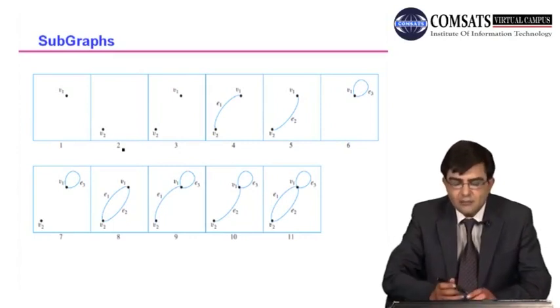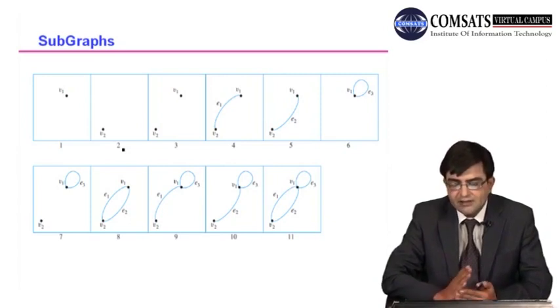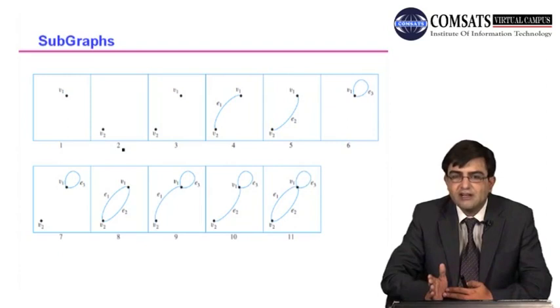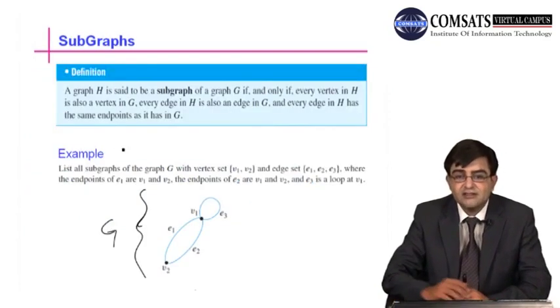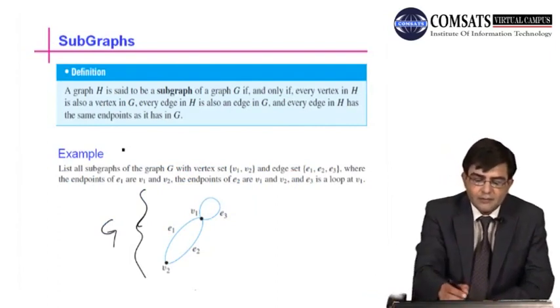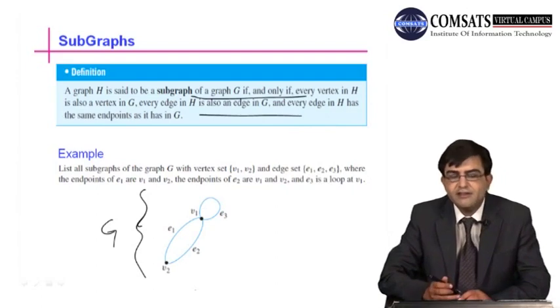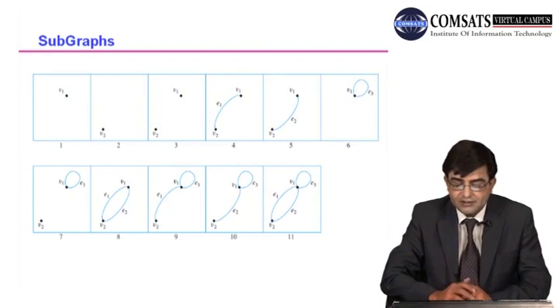This is also a subgraph of G. V1 and V2 are vertices in the subgraph and also vertices in G. E1 is an edge in the subgraph and also an edge in G. E1 has endpoints V1 and V2, and in the given graph E1 also has endpoints V1 and V2. So it satisfies all the conditions, and therefore it is also a subgraph of G.